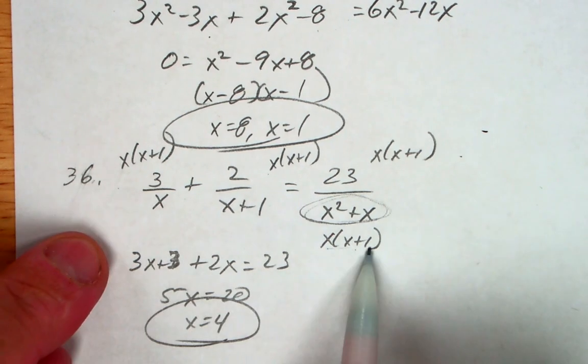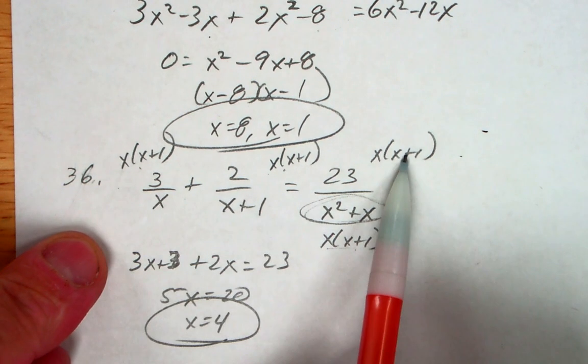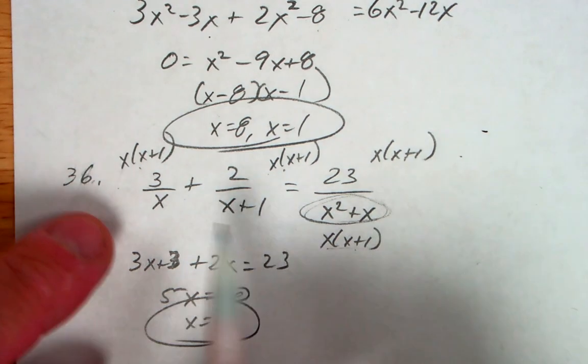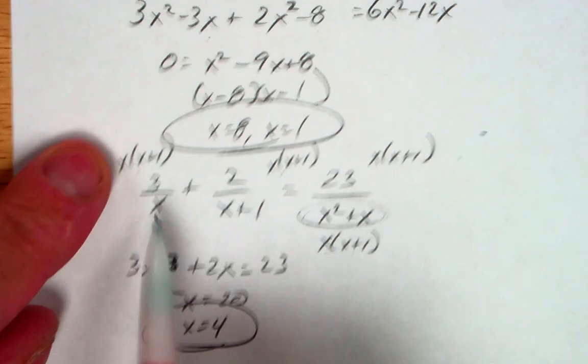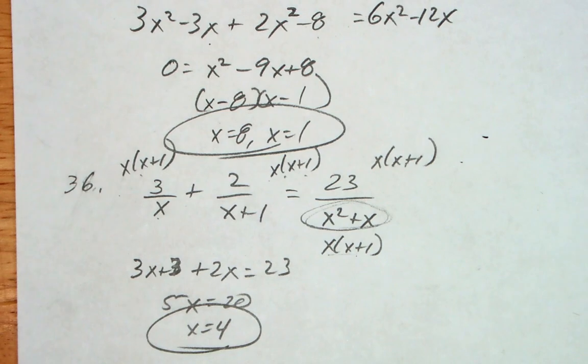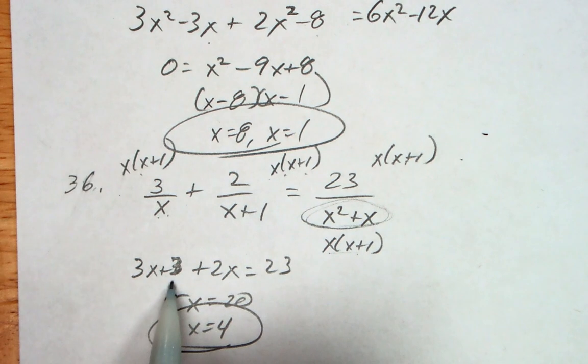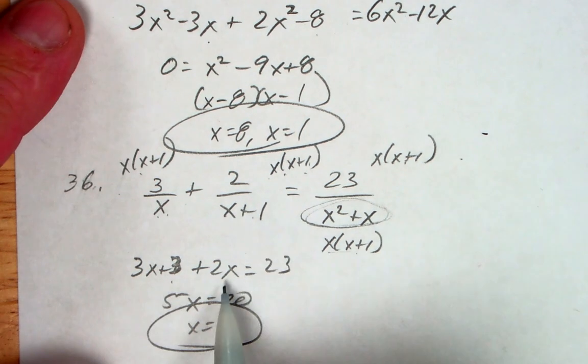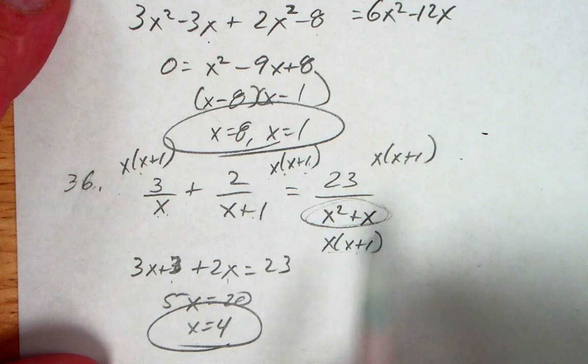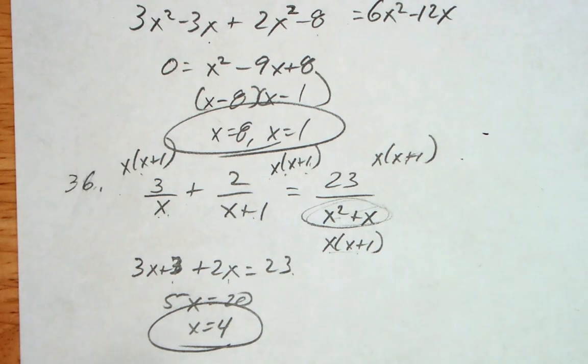I'm going to multiply everything by x and x plus 1, and I'll notice that my x cancels, my x plus 1 cancels, so I don't need to multiply by anything else. So my x cancels, I'm just left with 3x plus 3. My x plus 1 cancels, I'm just left with 2x. The whole thing cancels, I'm just left with 23. Combine, move some things around, I get x equals 4.